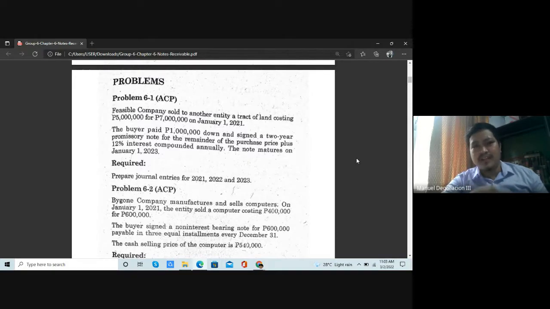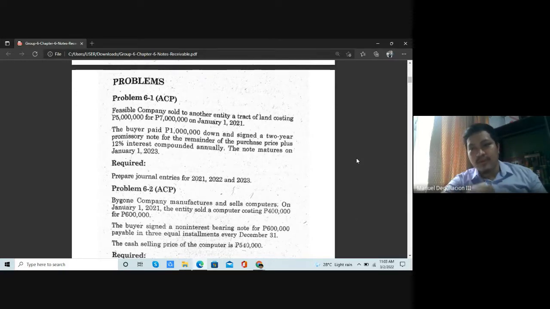Then you would ask, why do we present the face value when we are dealing with the interest bearing note? Because in an interest bearing note, the face value is already the principal. The face value does not include any imputed interest, because any interest that we will earn is independent of the value stated in the promissory note.